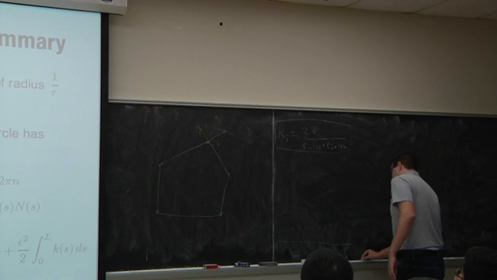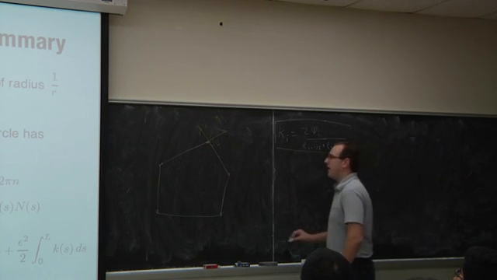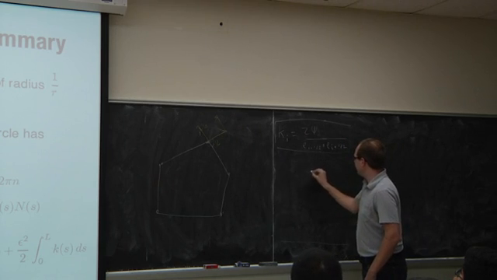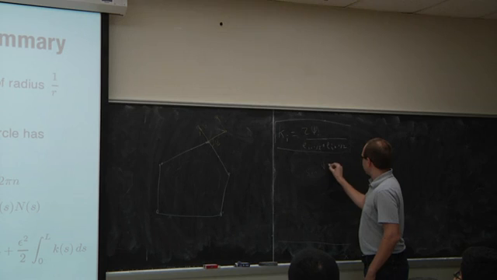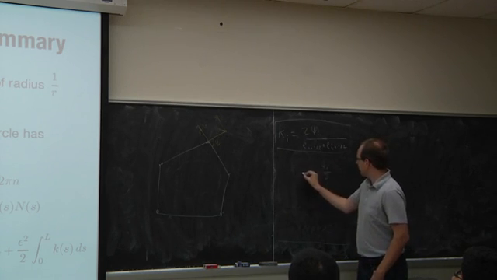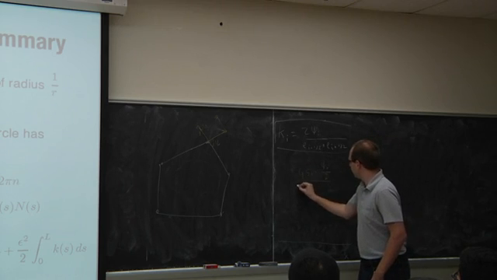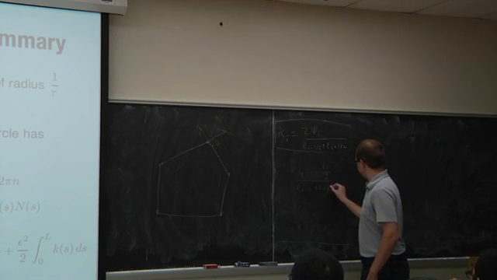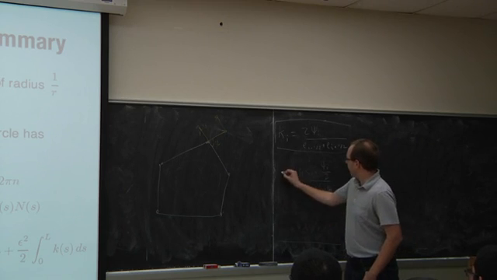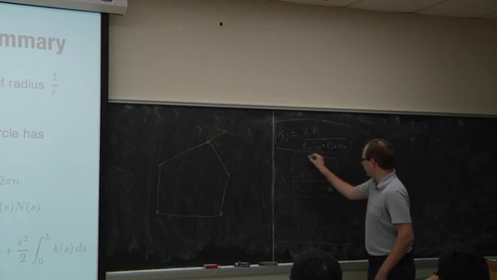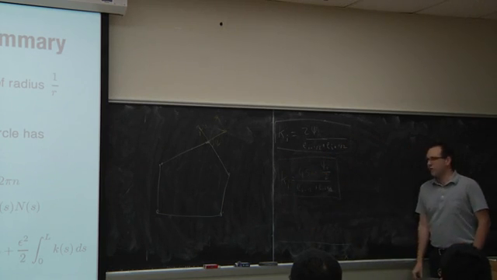But if you do the calculation, you'll get that the length of this vector here turns out to be the sine of half of the turning angle, and I get this formula for my curvature.